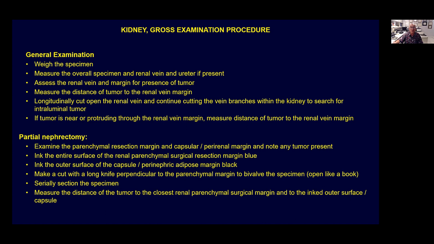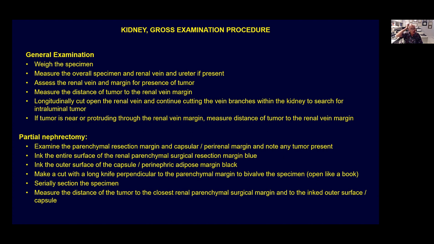However, when you do the evaluation of the main specimen, for example in a partial nephrectomy, you need to mention if the margin is involved. It doesn't matter if later on we have additional margins. For the overall evaluation of the case, of course, we are going to consider those additional margins, but for the evaluation of the specific specimen, we need to mention if the margin is positive or not.